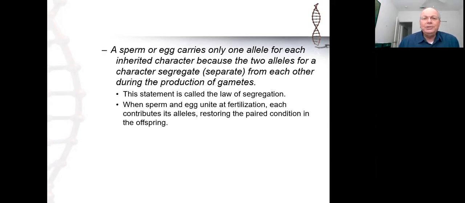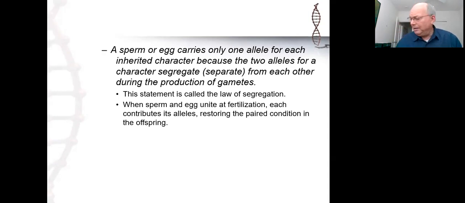When the egg and the sperm unite at fertilization to create the zygote, you bring back together the pairs of alleles, and it is the interaction between the traits produced by those alleles that give rise to the particular characteristics or the particular traits that you're going to see.